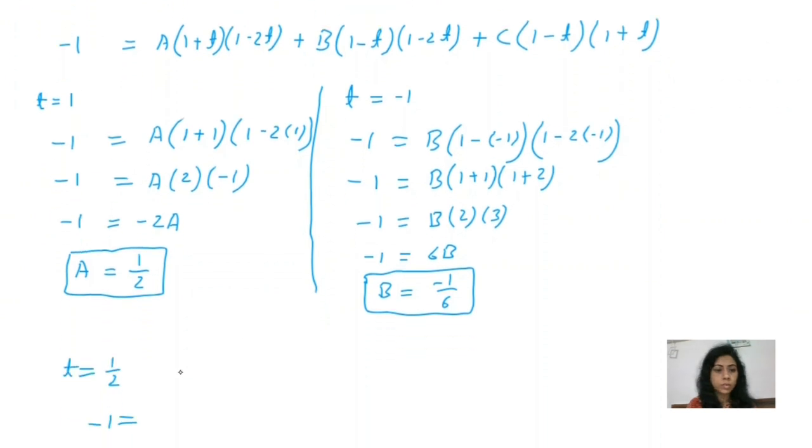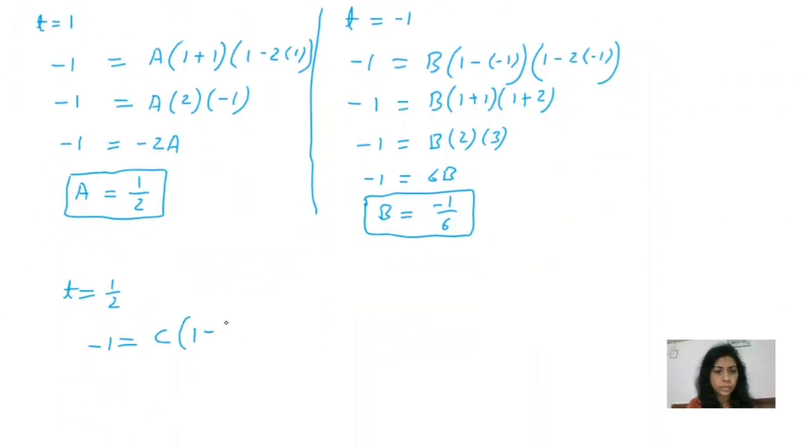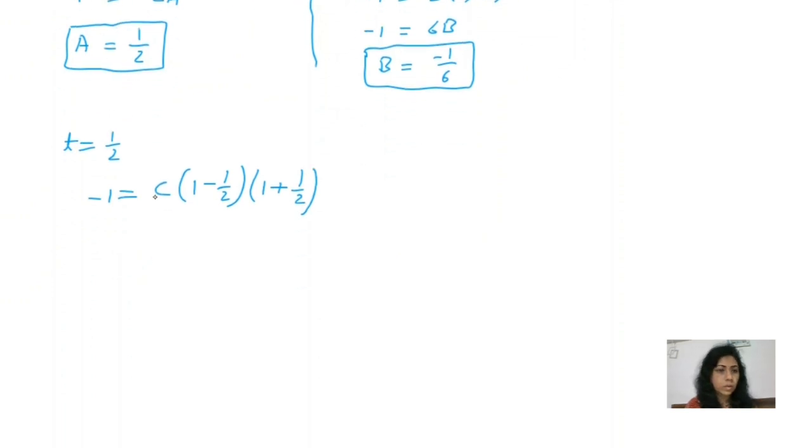So here C times (1 minus 1 upon 2) times (1 plus 1 upon 2). Now minus 1 is equal to C, 1 minus 1 upon 2 is 1 upon 2, and 1 plus 1 upon 2 is 3 upon 2.